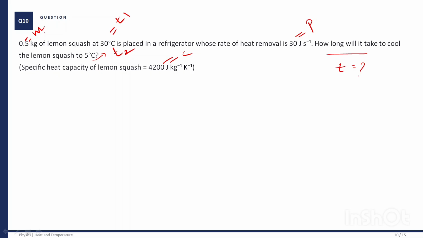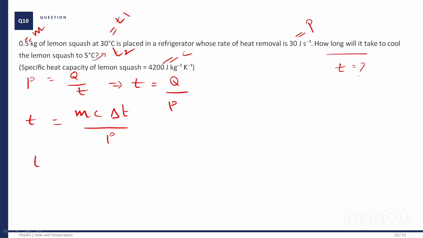The power formula I will write: power equal to heat energy by time. Then time equal to heat energy by power. Then time T equal to M C delta T by power.